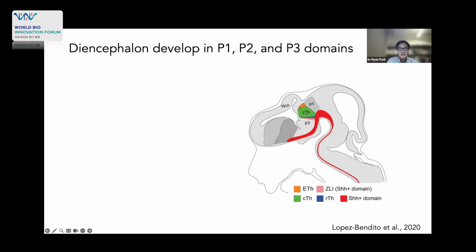As you can see here, we have a rostral and caudal thalamus, which are terms people use. Because of the location, the rostral thalamus is also called the ventral thalamus, and the caudal thalamus is called the dorsal thalamus as well.